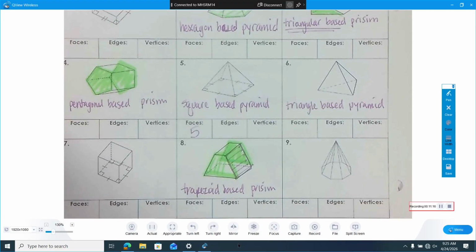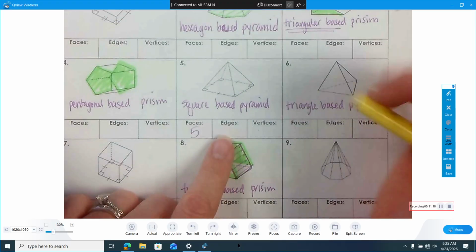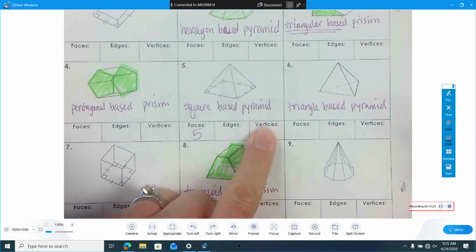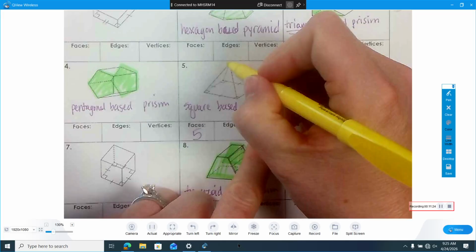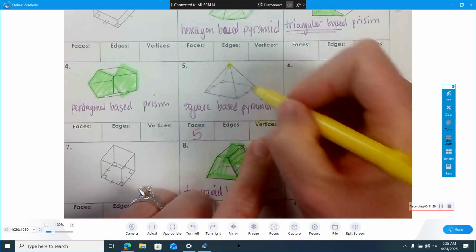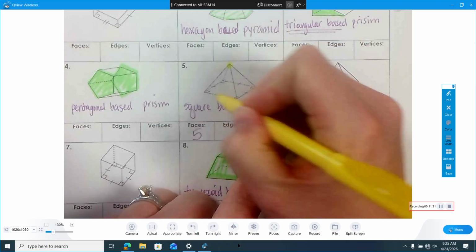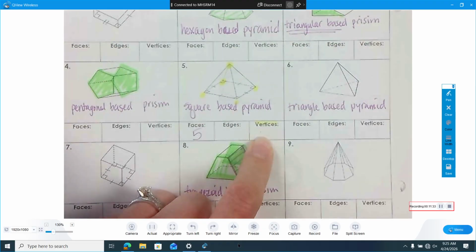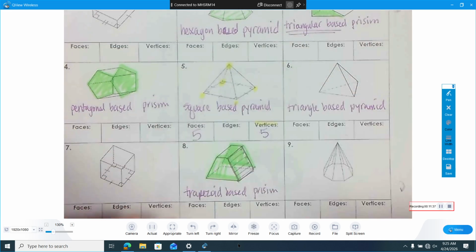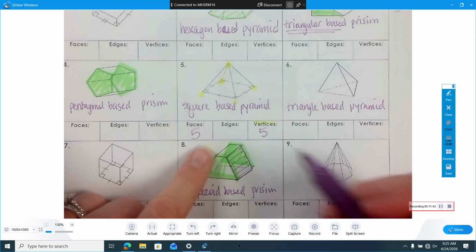It has 5 faces. How many edges, or how many vertices does it have? What are vertices? 5 vertices. The vertices are where all of those faces come to a point. So here's 1 vertex, and then we have the 1, 2, 3, 4 corners. So there are 5 vertices. So 5 faces, 5 vertices, and then edges.